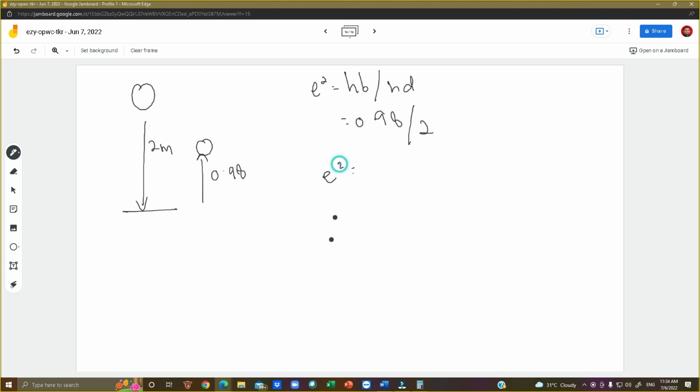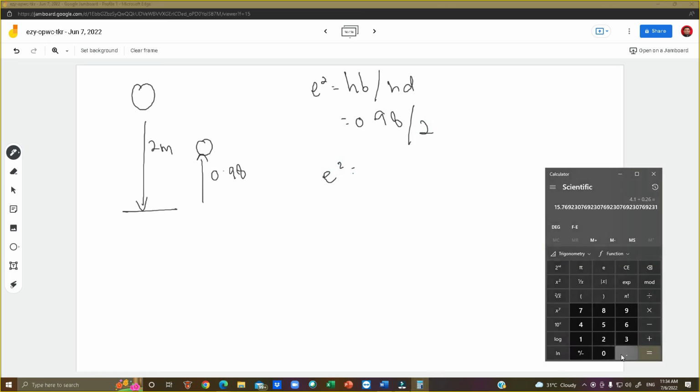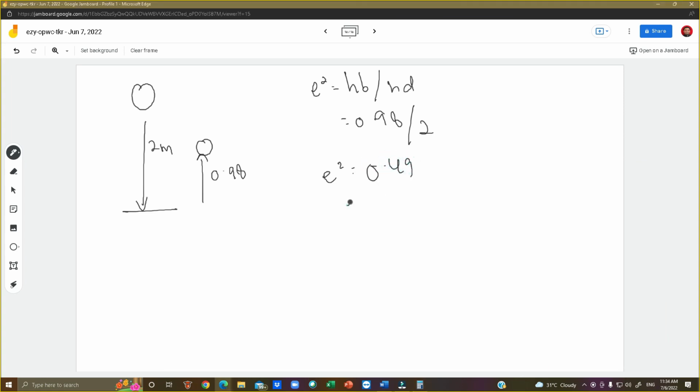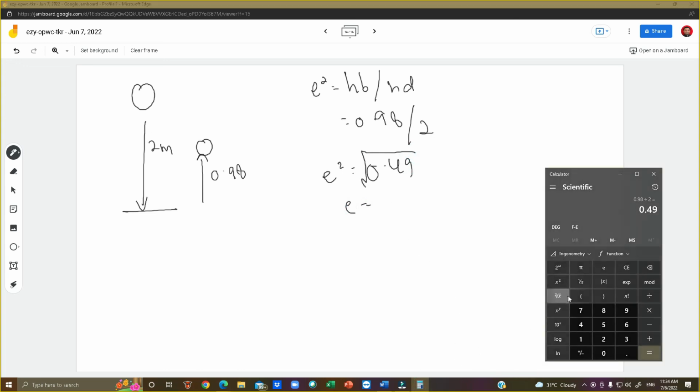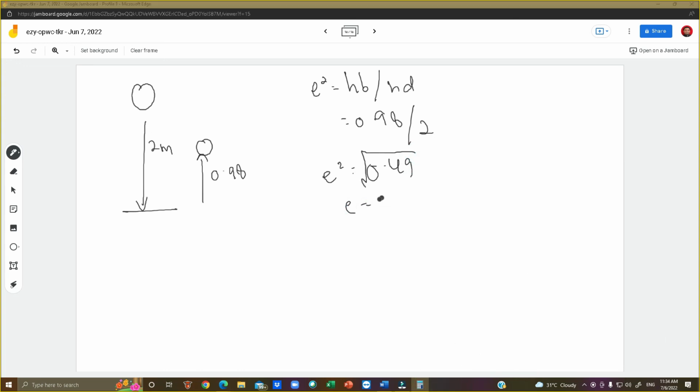Apa kita dapat E squared ni? 0.98 divided by 2, kita ada 0.49. So E equals the square root of 0.49, 0.7. So is it nearing to 1 or is it nearing to 0? Yeah, dia dekat sini.